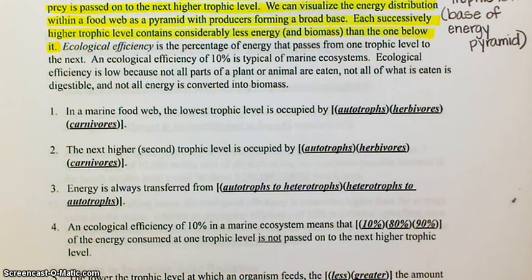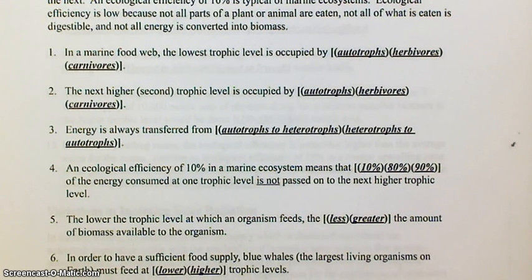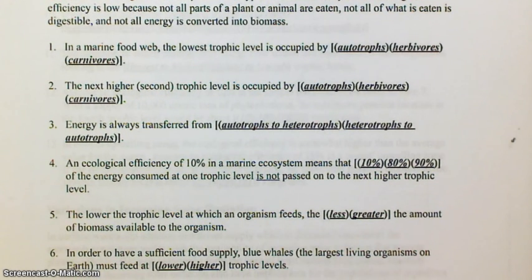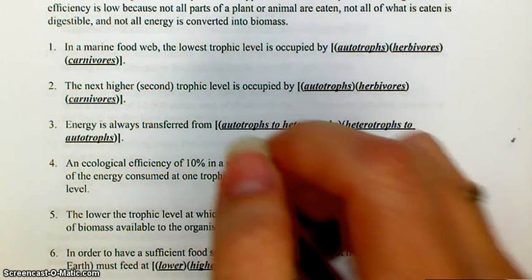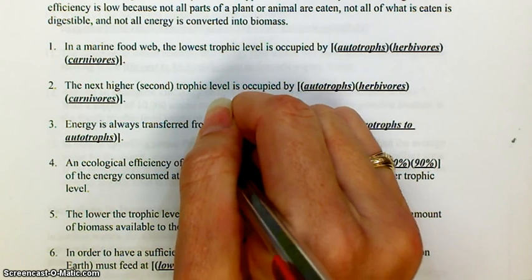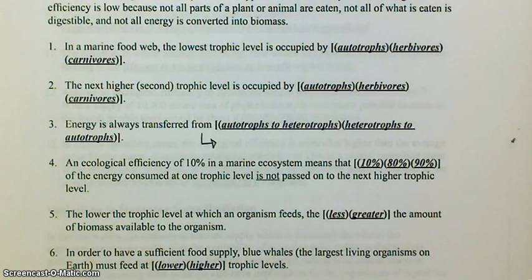All right, and then an ecological efficiency of 10% in a marine ecosystem means that how much of the energy consumed at one trophic level is not passed on to the next higher trophic level. Well, if 10% is the efficiency, that's basically telling you the percent that is passed on. Okay?